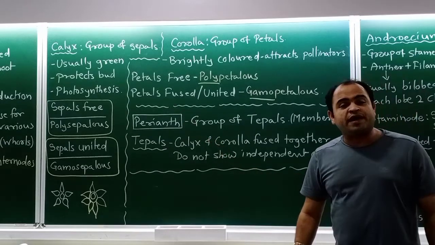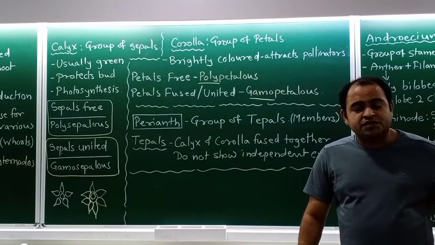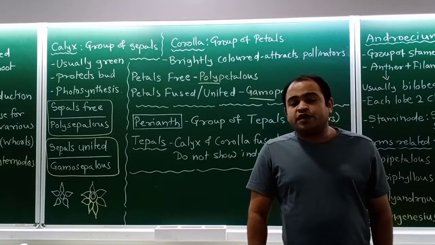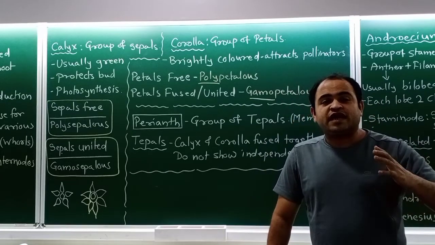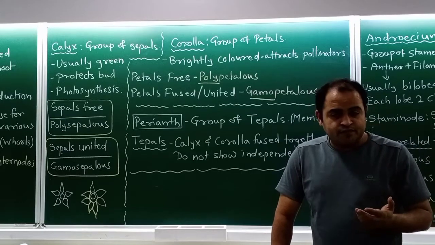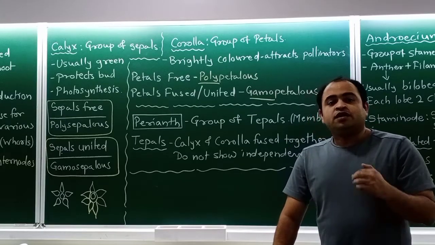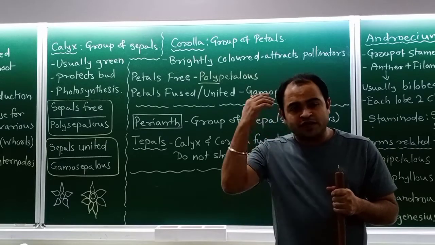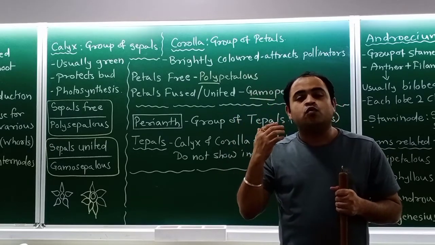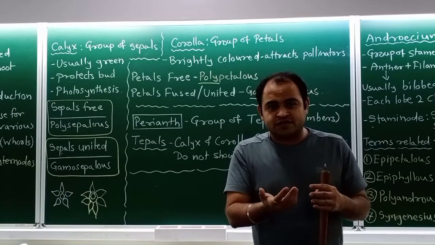Now think about the perianth. In perianth, you cannot expect both calyx and corolla to appear independently. In perianth, the calyx and corolla are fused, and they show a common structure, which is called a group of tepals.